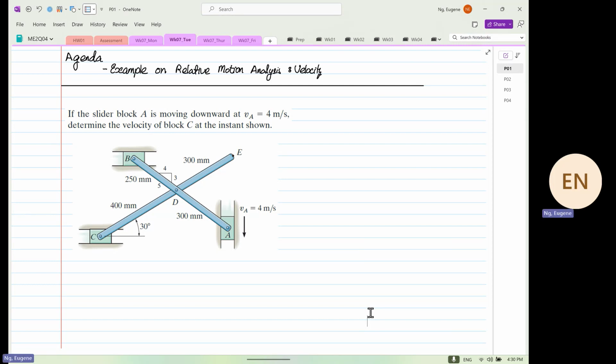With the slider block A moving downwards at VA equal to 4 meters per second, determine the velocity of the block at the instant shown.